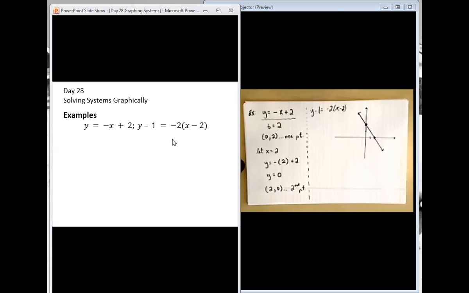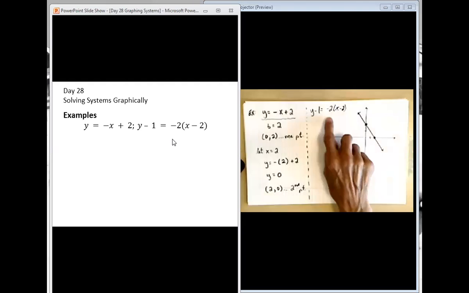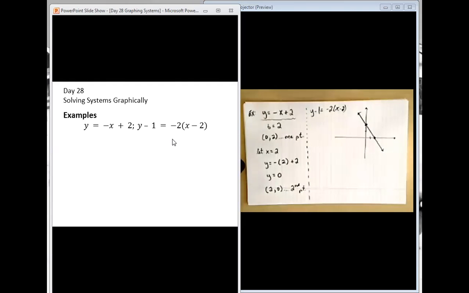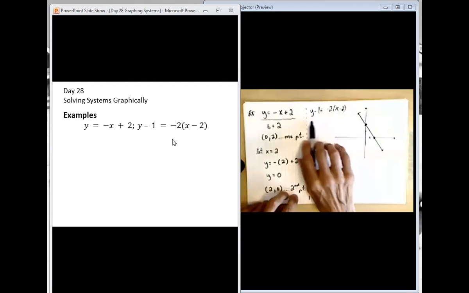Here we are. We got a -1 there, a -2, and a -2. We got to get something useful out of this. What do we get? What's this type of equation called then, this style?